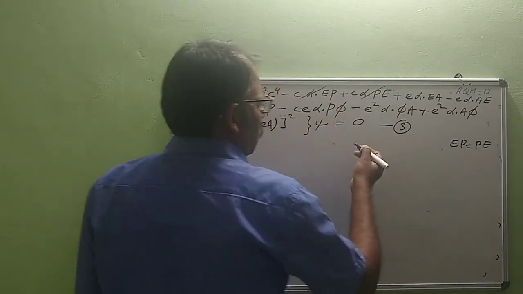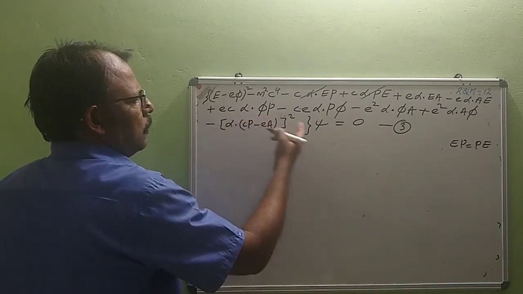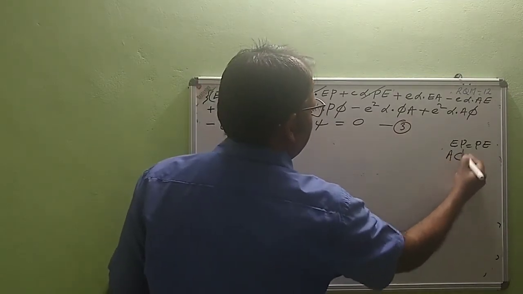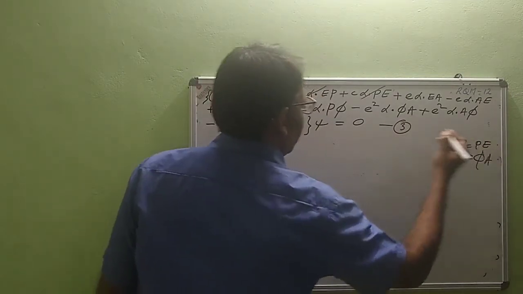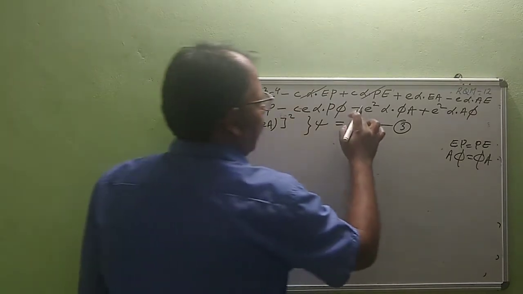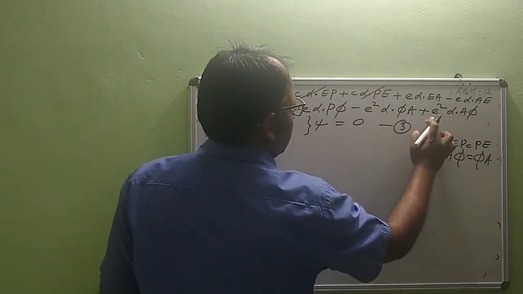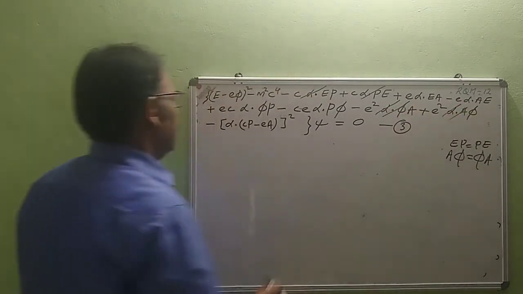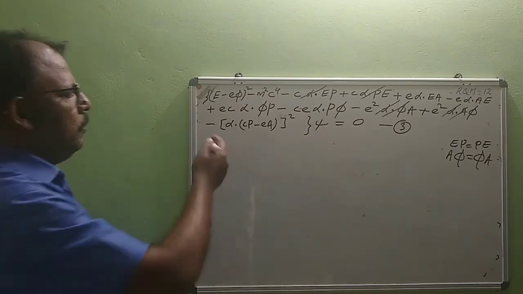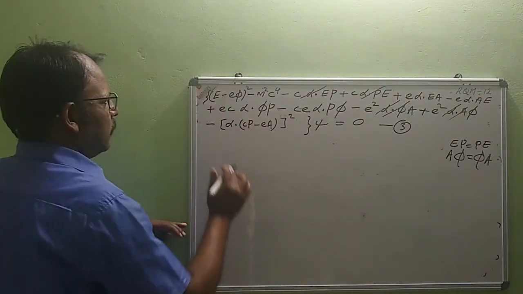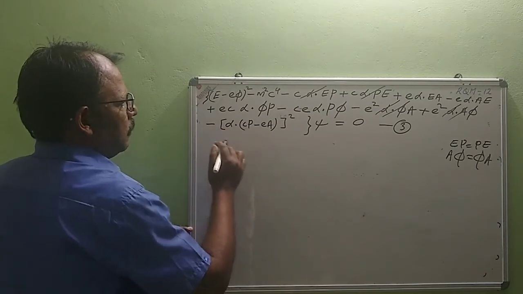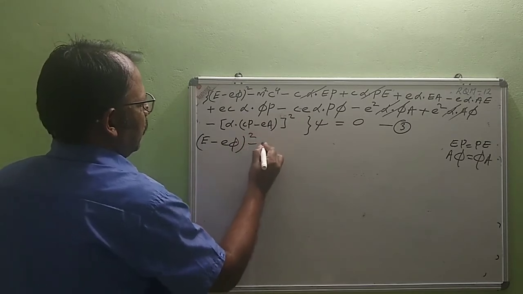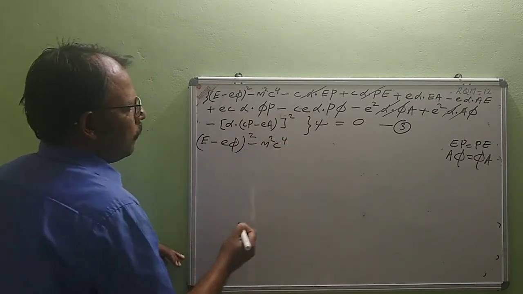Now φ and A φ is the same as φA. So here minus E square alpha dot φA plus E square alpha dot A φ, these two terms get cancelled. Removing these terms, we can write this equation as (E minus Eφ) the whole square minus m square c raised to 4.